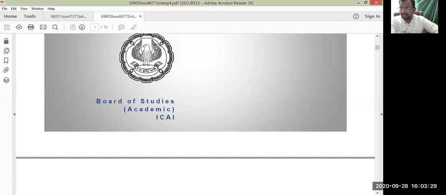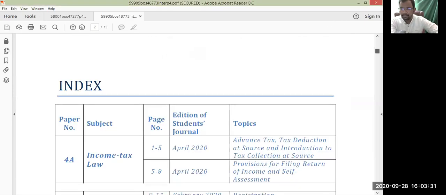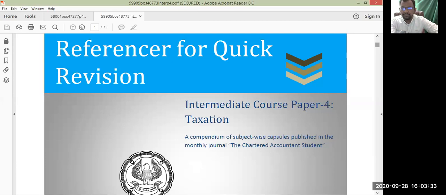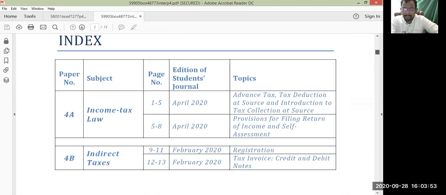Right. So you might have seen this material already, the reference for quick revision, which was released by the ICAI. It was given in a very crispy manner. All the important provisions, of course, it has been made only for a few chapters, but make the best use of it.